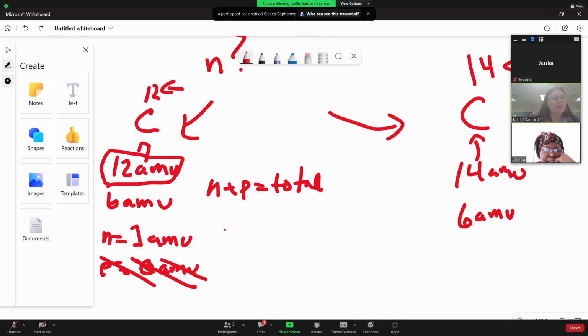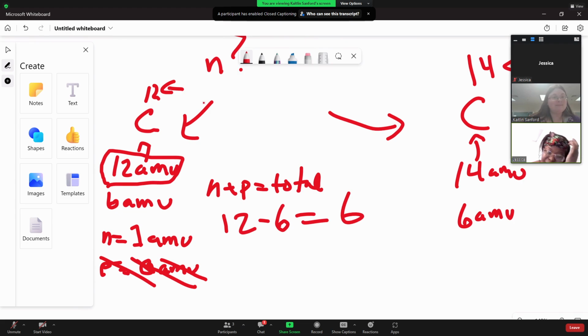How'd you get that number? Because the neutron is 1 AMU, but in order to get the 12, you got to take the 6 plus 6. Oh, you got to subtract it.